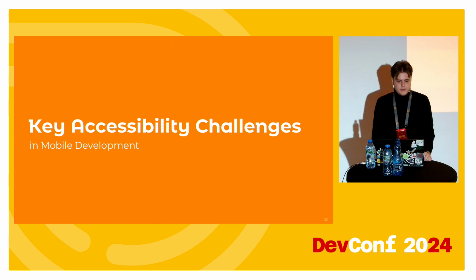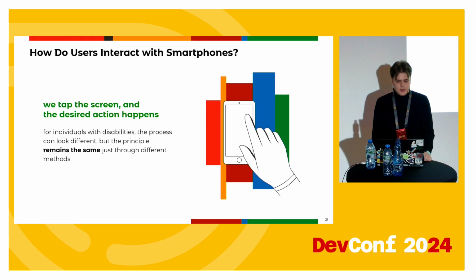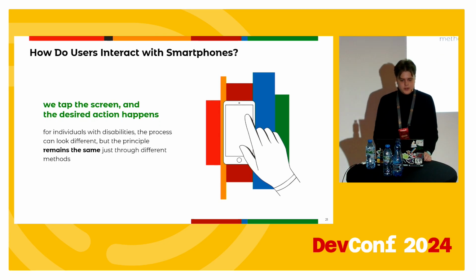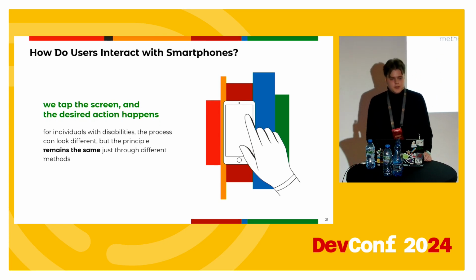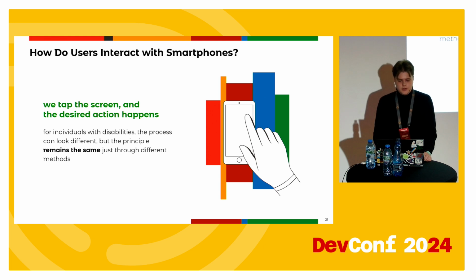To do this effectively, we need a solid understanding of how accessibility works. Let's start by asking a fundamental question. How do people originally use their phones? Users typically interact with the device by performing actions like taps or swipes, and the smartphone responds by displaying the information on the screen.